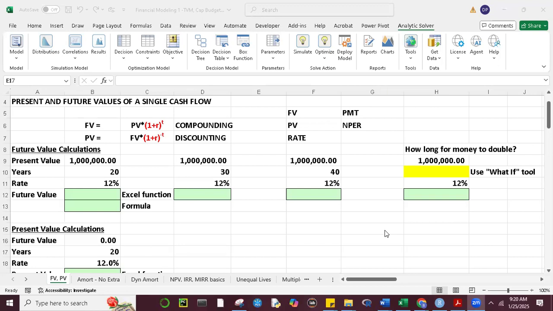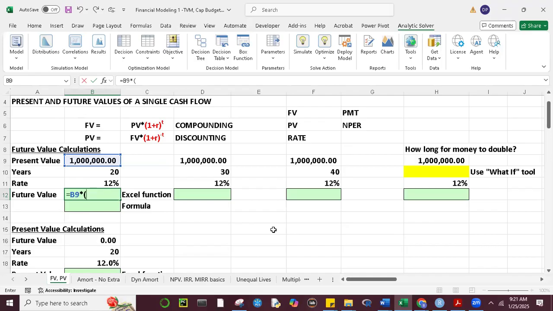What I wanted was for you to compute for the future value. And the future value is equal to, this is the formula, the present value, which is this one. So I was expecting you to give me this answer, B9, and then times, so you'll have to use the asterisk here, times this compound factor.